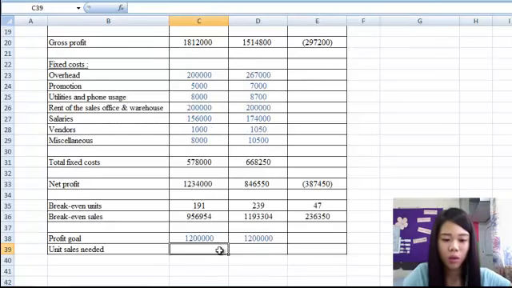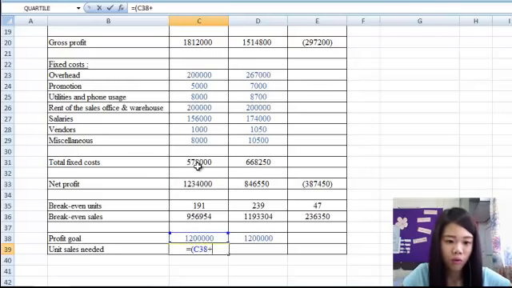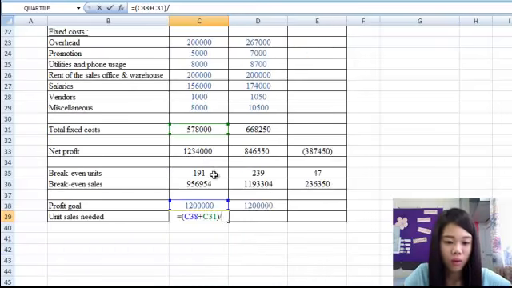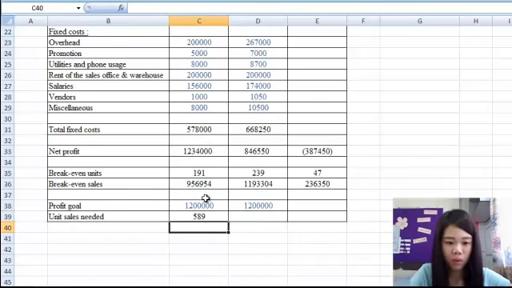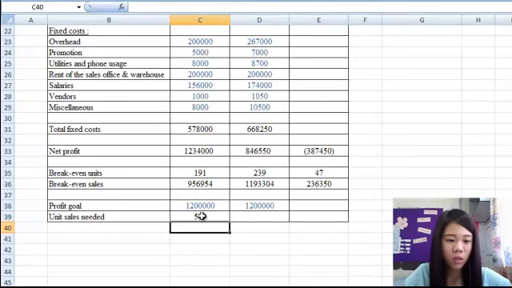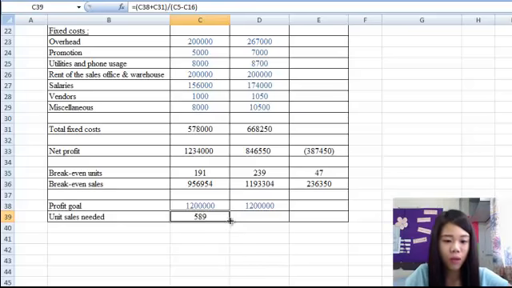To calculate the unit sales needed, we use profit goal plus total fixed cost, divided by price per unit minus total variable cost. This is the unit sales needed if United wants to meet the targeted net profit of 1.2 million.